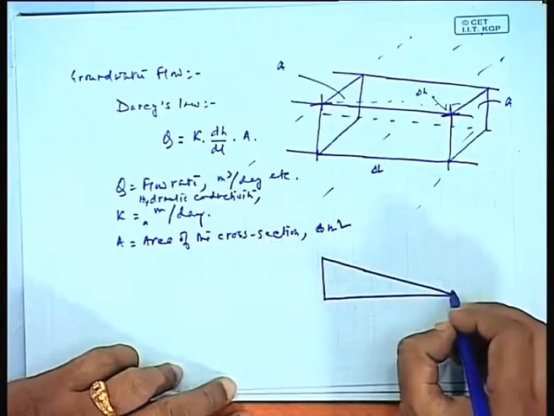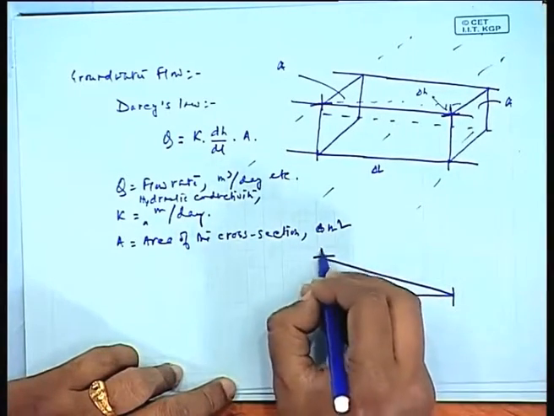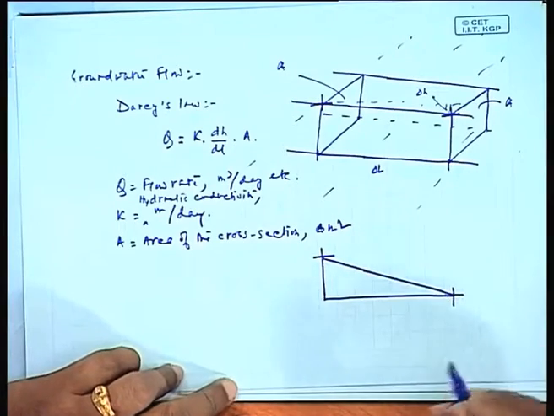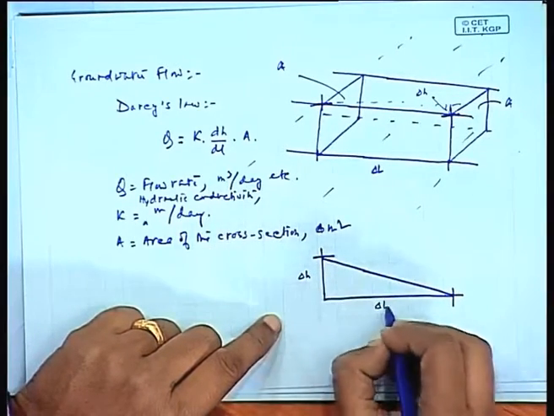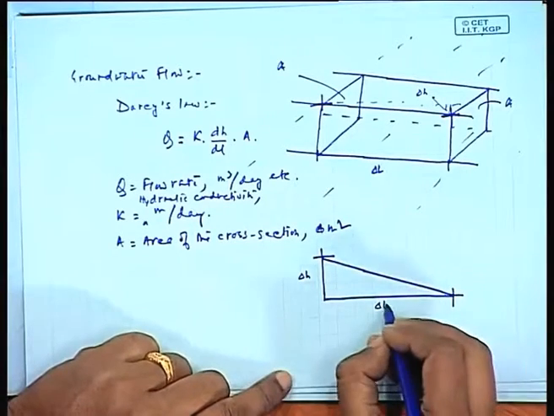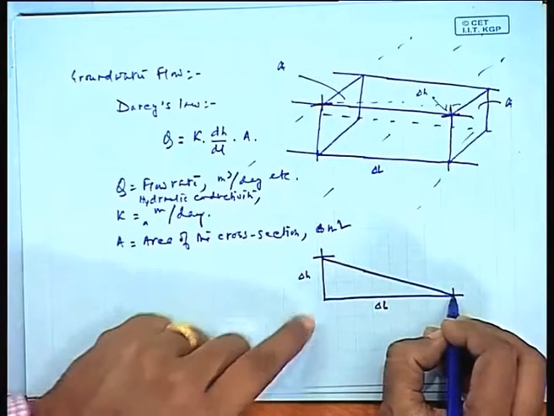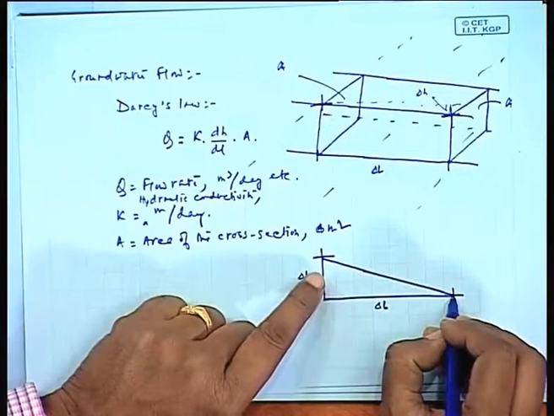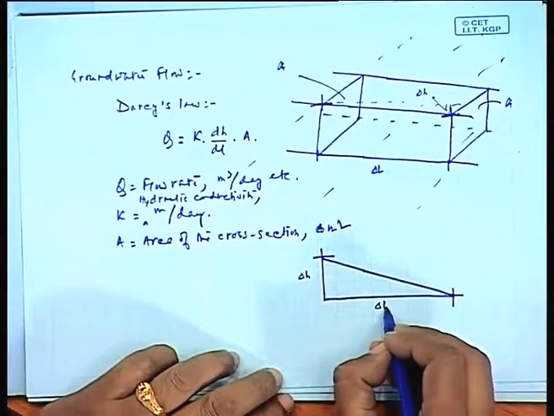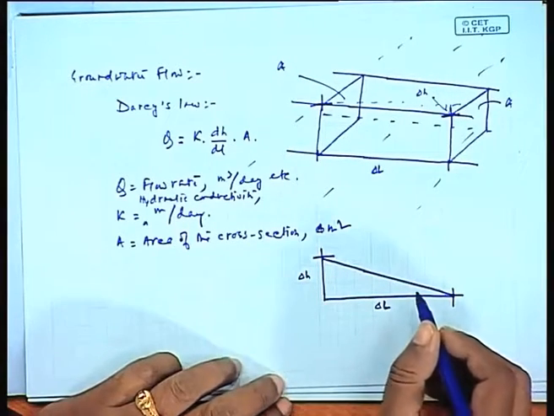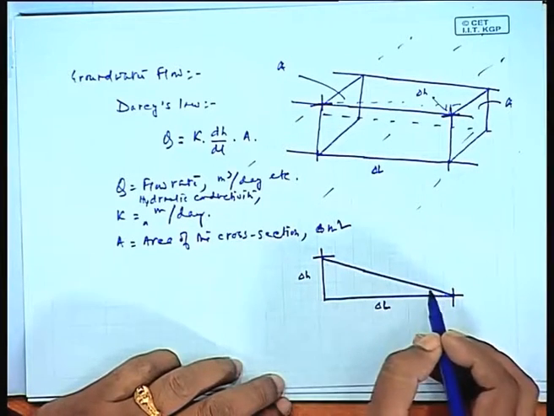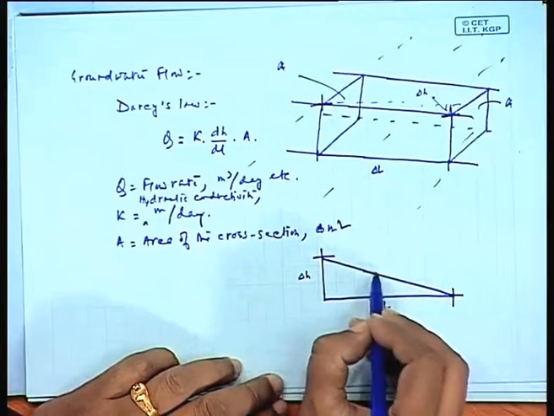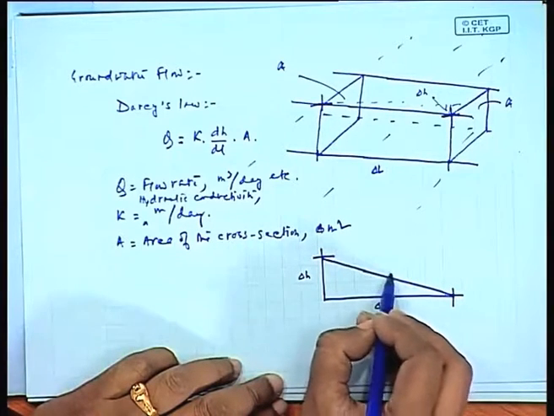This one is del H, this one is del L, isn't it? These are the 2 points in the aquifer. Okay, is that clear?